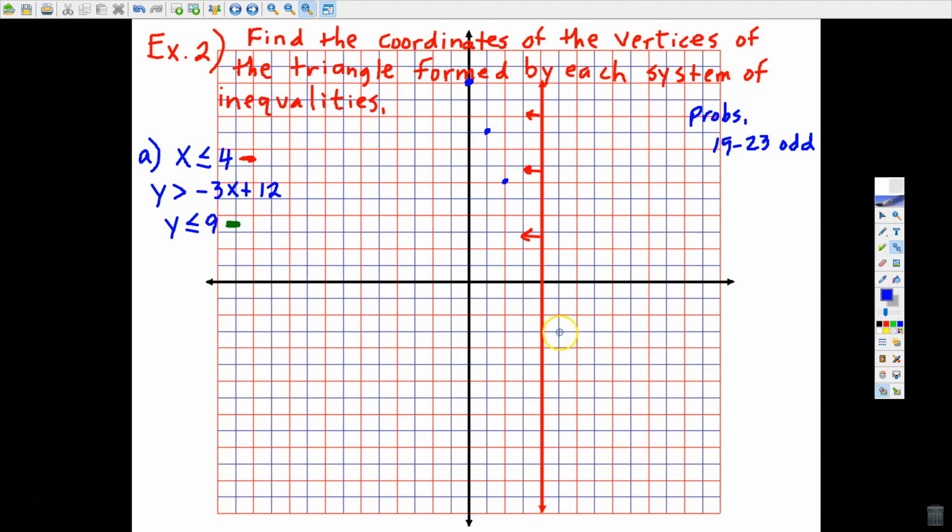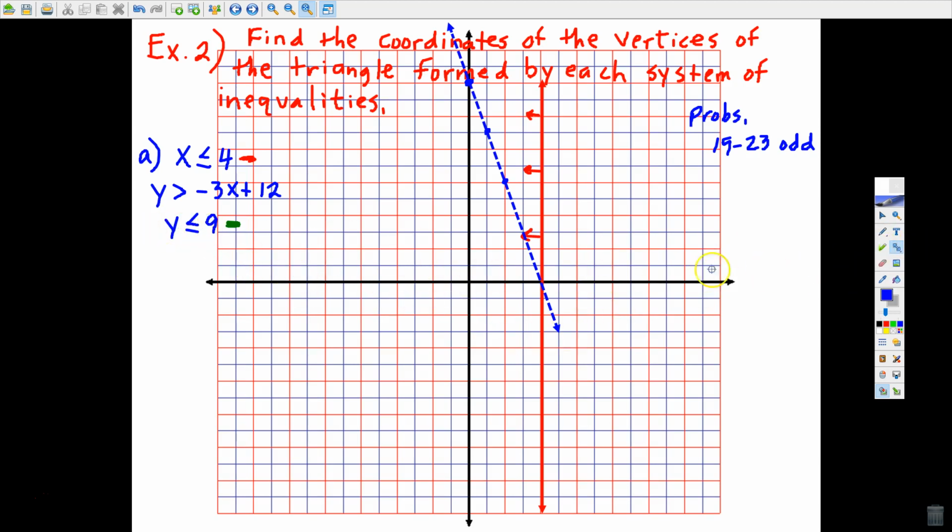You really have to be precise, because part of your instructions here is to find the coordinates of the vertices of the triangle, and that just means what are the ordered pairs of the 3 points that represent the corners of the triangle. And to get those right, you really need to line your points up precisely and draw really good straight lines.